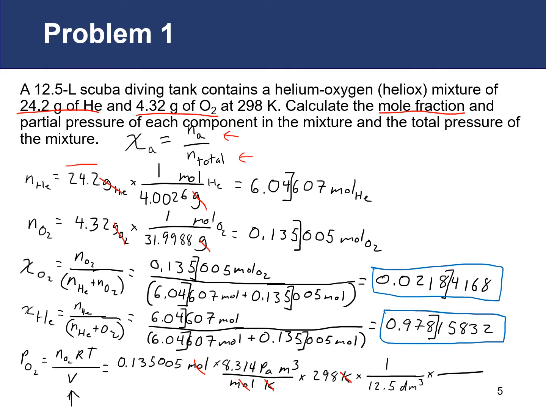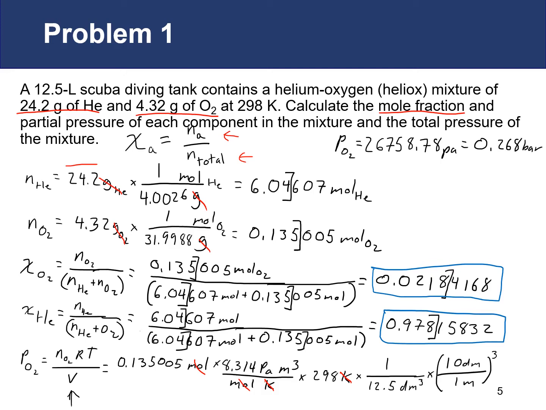We can multiply that by 10 decimeters per 1 meter cubed. And that will get us, we'll go up here, our pressure for the O2 would be equal to 26758.78 pascals, which is 0.268 bar.